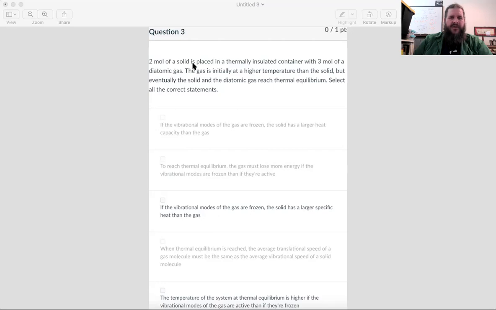2 moles of a solid, 3 moles of a diatomic gas. Gas is initially at a higher temperature, but they eventually reach thermal equilibrium. So let's just make a list of what we know so far. We've got solid, which is 2 moles, and a diatomic gas, which is 3 moles.